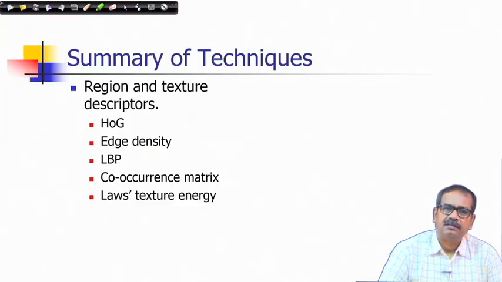You can also handle noise and make it more robust. Not only rotational invariant, there is a concept called uniform pattern that has been used to make it more robust for handling noise.